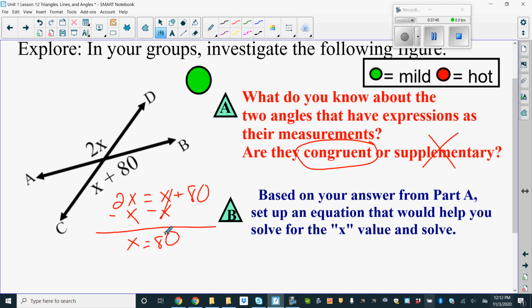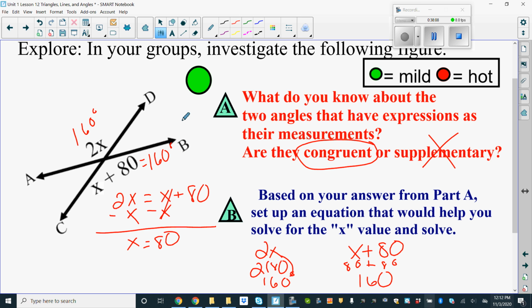So to solve for each angle, we take the expression 2x, 2 times 80 is 160. And then we have the other expression just to check, x plus 80 is 80 plus 80, which is 160. So we have that this angle is 160 degrees, and this angle is 160 degrees.